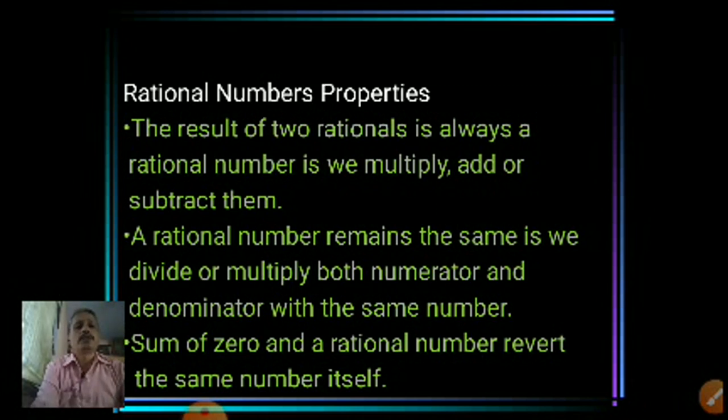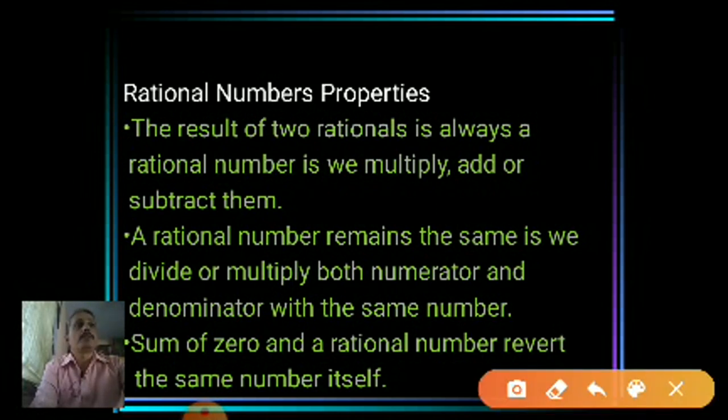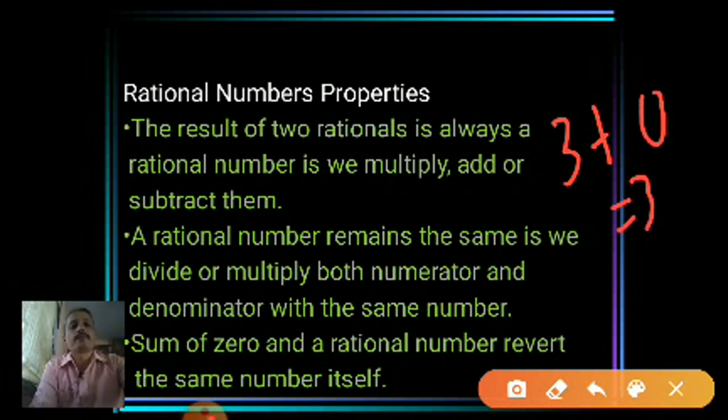The value of both remains the same. The sum of 0 and a rational number gives the same number itself. For that I want to give one example: 3 plus 0, answer is 3.